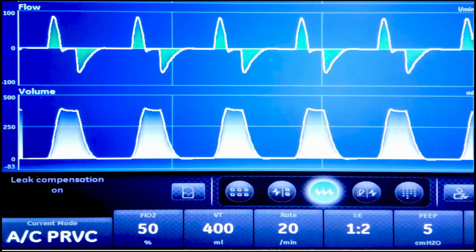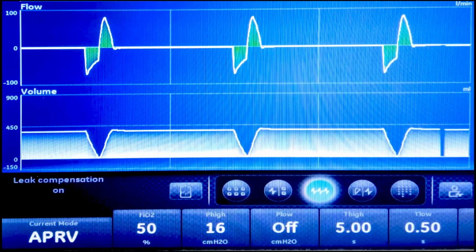That's why you have a deceleration pattern, but there is a volume targeted, or a certain volume that is achieved in the minimum possible pressure by the flow algorithm, which the machine detects or calculates, and modifies the flow in such a way that it gets the required volume in the minimum possible pressure using the characteristics of pressure control ventilation. So essentially, a PRVC is pressure control ventilation with a volume targeted, or with a regulated, fixed definite volume.